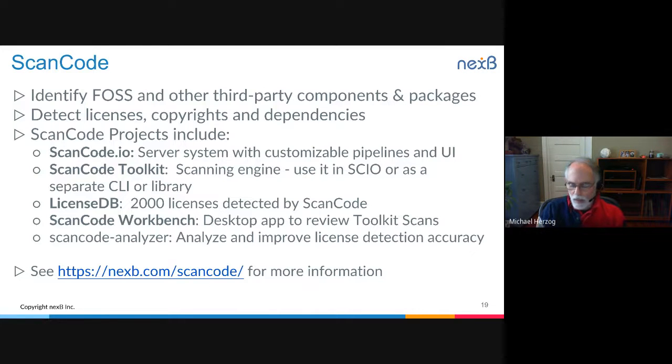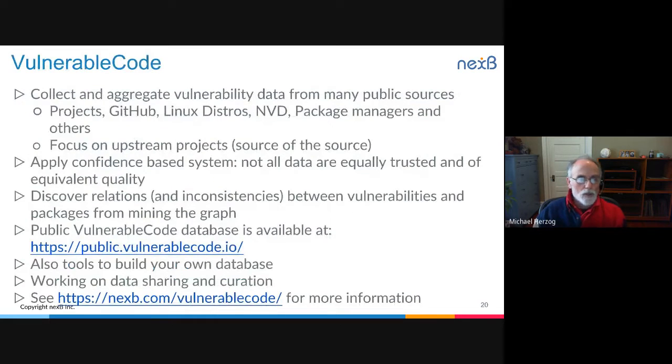VulnerableCode pulls data, so this is when we're talking about vulnerabilities, from all the public sources: individual projects, GitHub, GitLab, Linux distros, the National Vulnerability Database, package managers, others. We really do look upstream to projects, but you can imagine that's a pretty huge domain. Not everything is on GitHub or one of these public larger repositories.